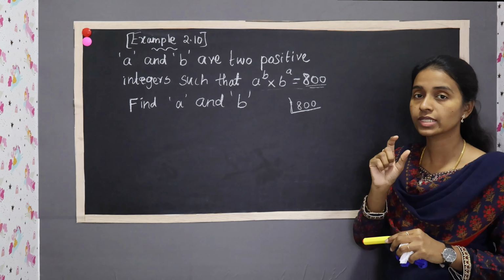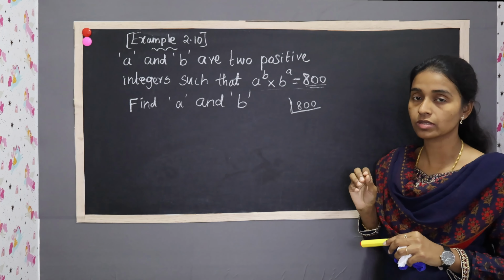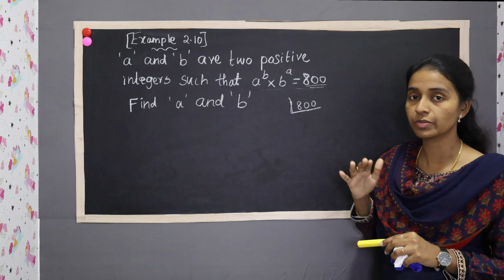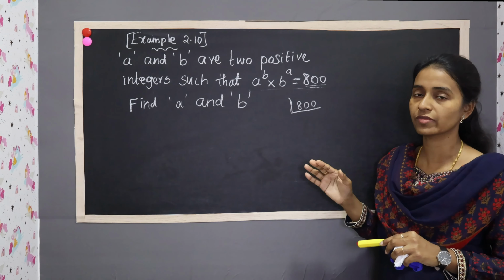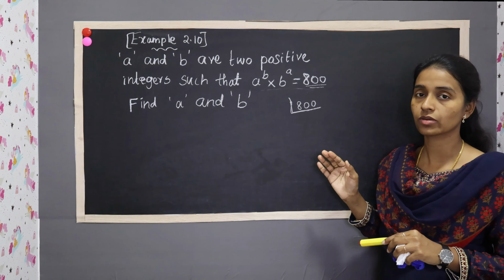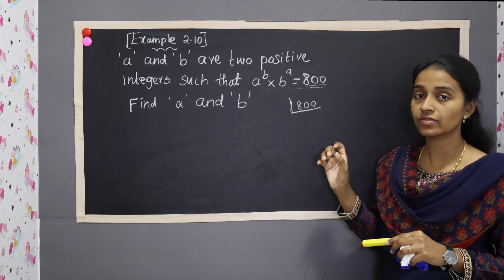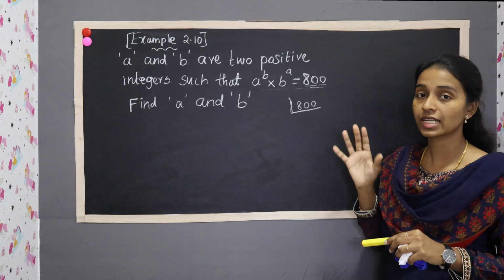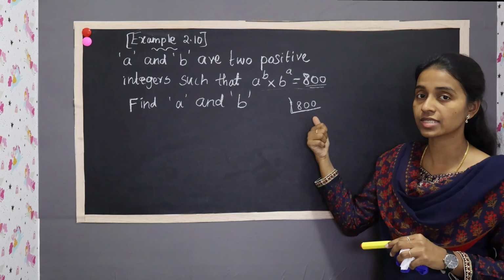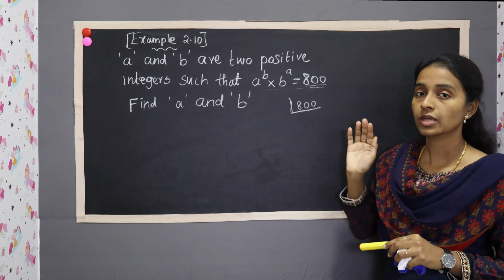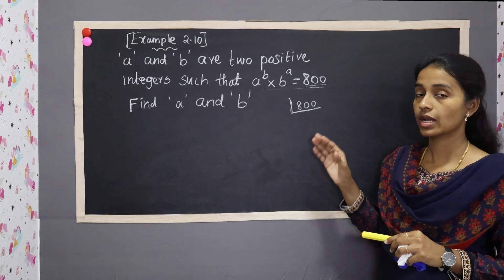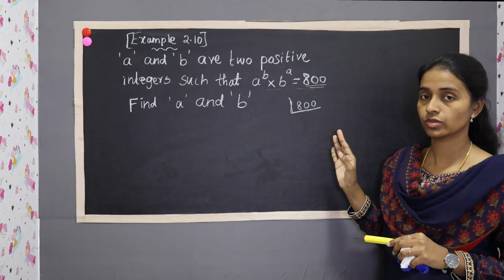You have to take the particular numbers that divide this 800 completely without leaving a remainder. That's the concept. Whatever number we are taking for the division process, that number should divide this 800 completely without leaving a remainder. So, I'm starting from 2.